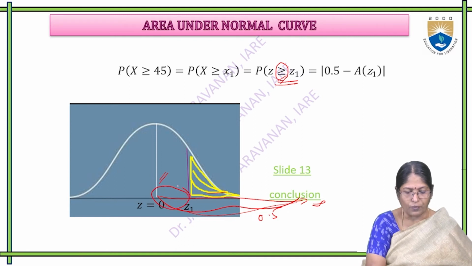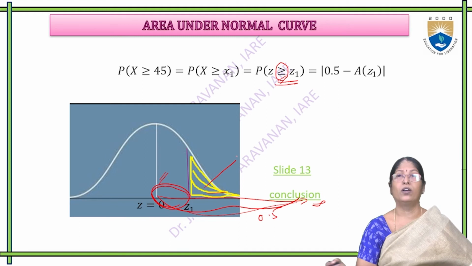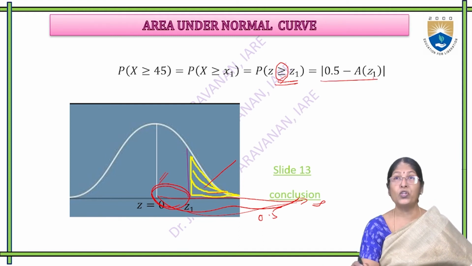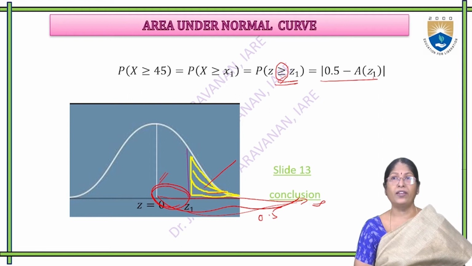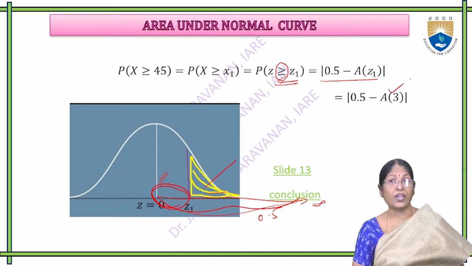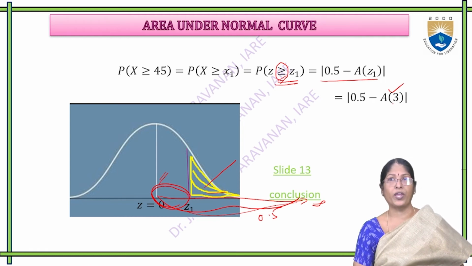This part we are going to subtract, and the leftover will be the shaded one. So 0.5 minus area of Z1. In the previous slide, the change of scale using (x1 minus mu) by sigma, we obtained the value 3.